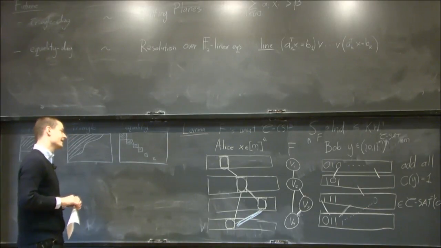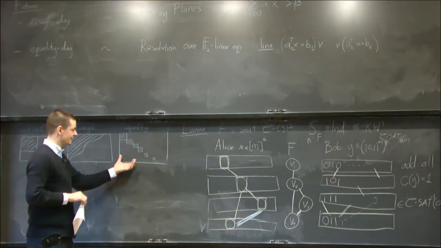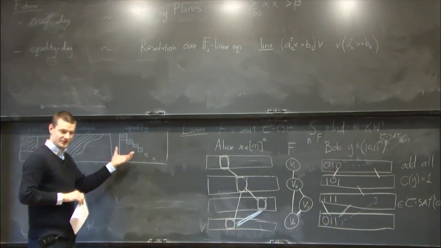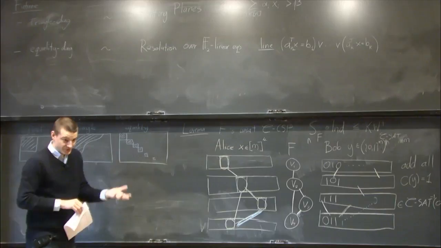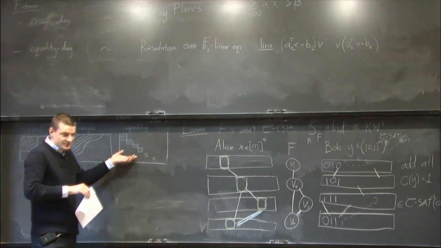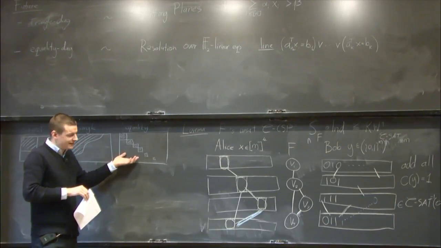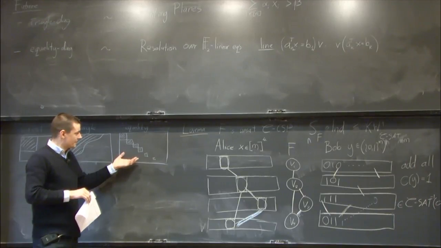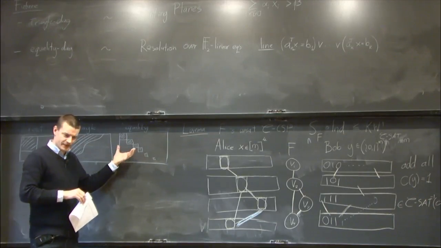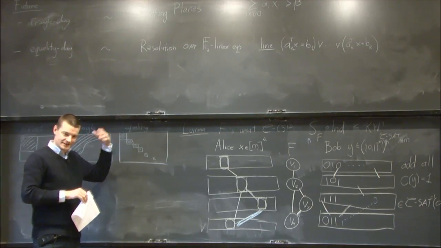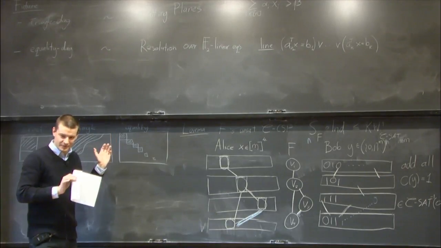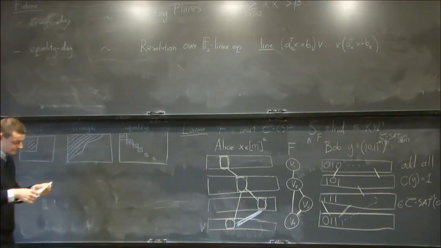And somehow I'm just not scared of these. You can prove lower bounds for randomized communication protocols, and these you can compute with randomized communication protocols. So it's weird that if we include sets that are easy for randomized protocols, for DAGs, then we don't know how to prove lower bounds.